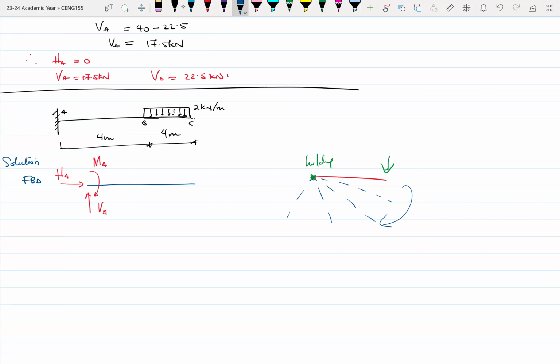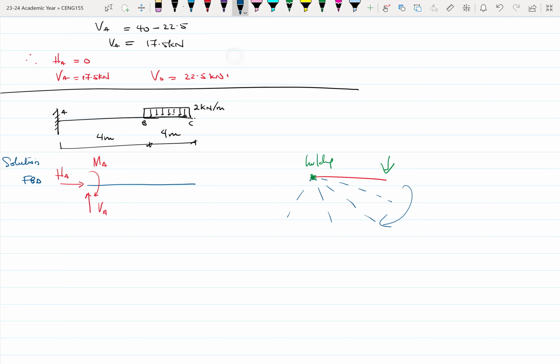Action and reaction are equal and opposite. When that happens, there's no change in the original state of the structure, which is what we want. So we need to find what these reactions are. For a fixed support, there are three: MA, HA, and VA.